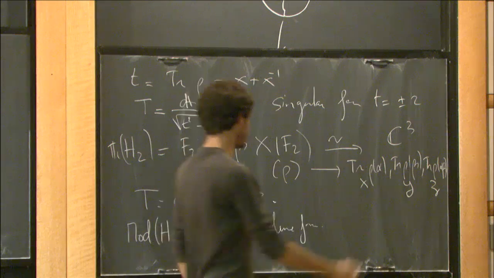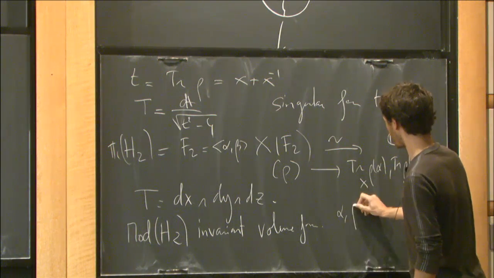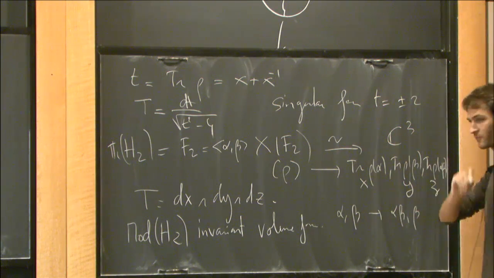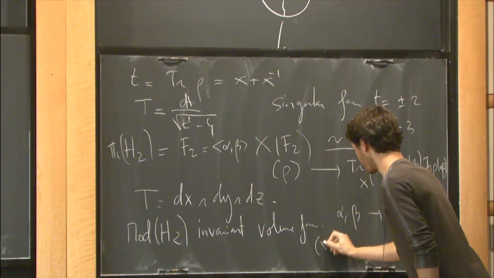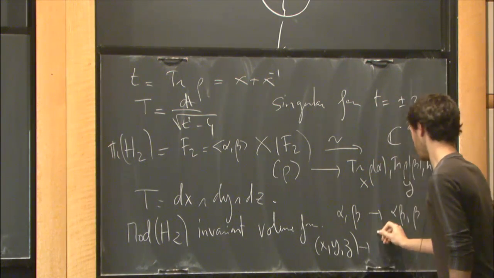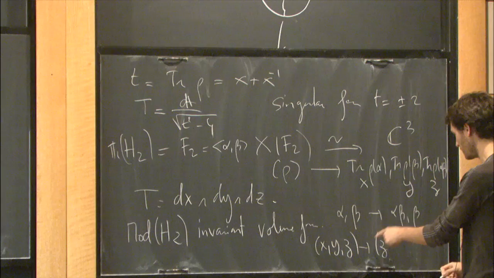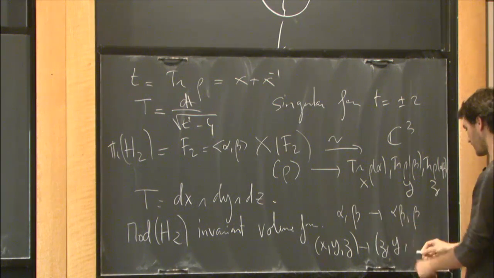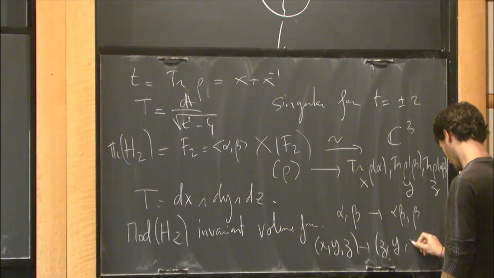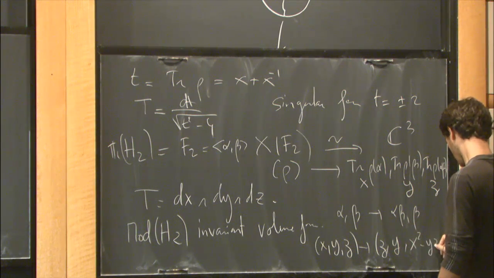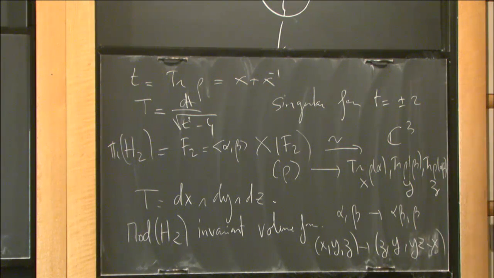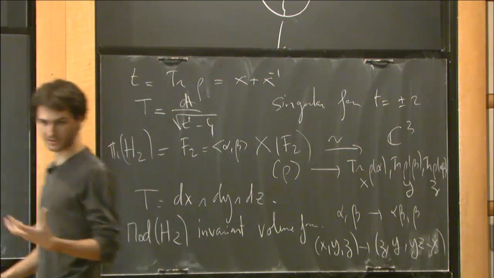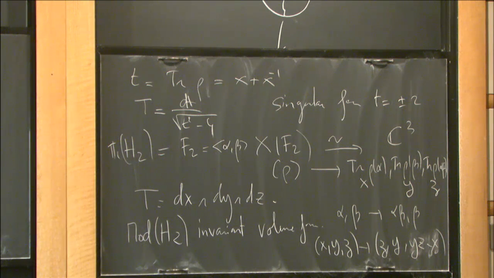So you can just check by hand that if you do this map alpha beta goes to alpha beta beta, for instance, this is an automorphism of the free group, then it corresponds to mapping x, y, z to z, because alpha beta, the trace is z, beta is y, and then if I remember, it's something like x square minus yz, no, yz minus x, thank you. And if you compute the Jacobian of this transformation, you will find 1, of course.